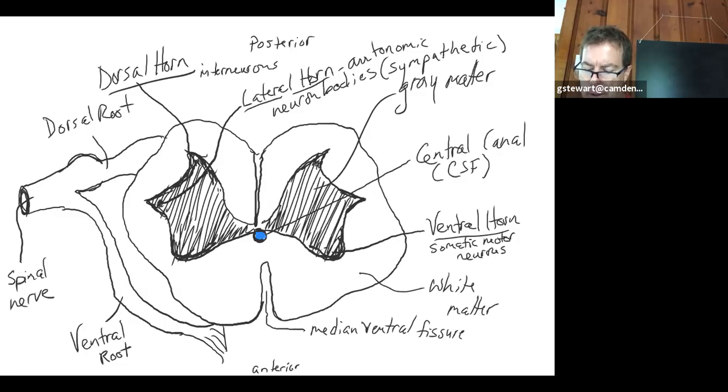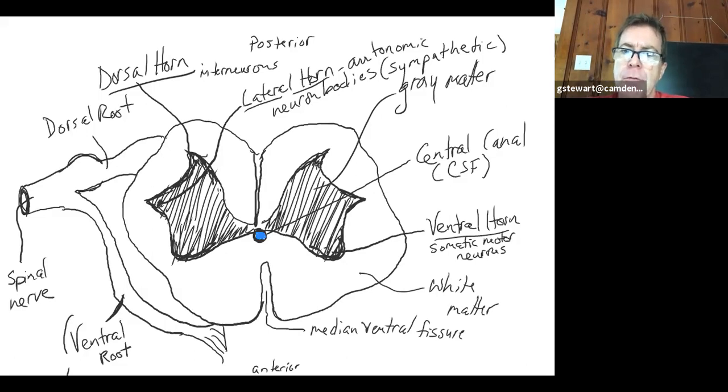I'm just checking my notes to make sure that I have, I think so. I've labeled everything on here that you need to know. The ventral root, so I do want to label this.